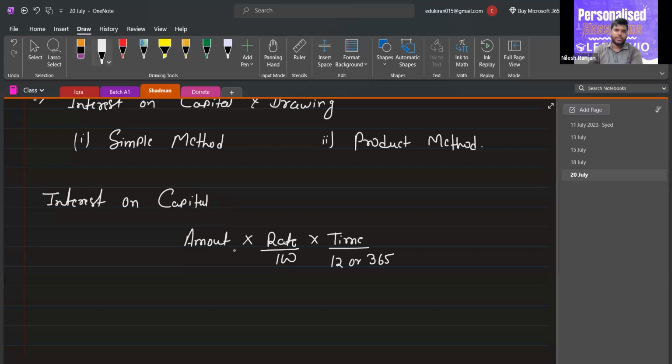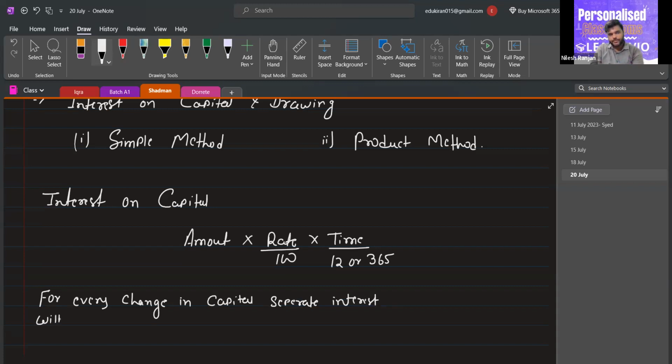Now, for every change in capital, separate interest will be calculated. So every time the amount of capital changes, we calculate separate interest for that time period. So this is our first method.